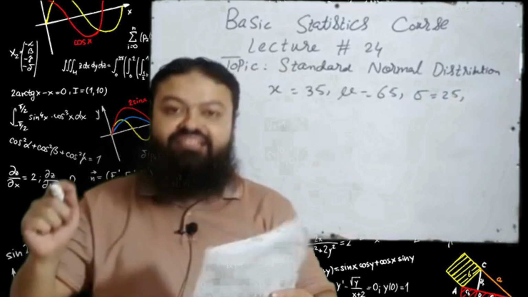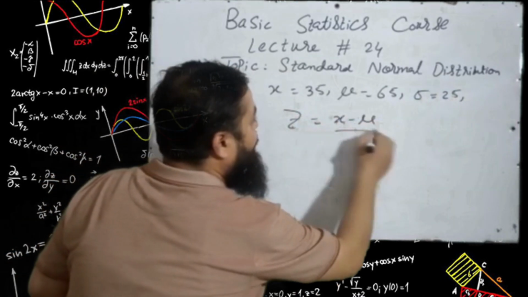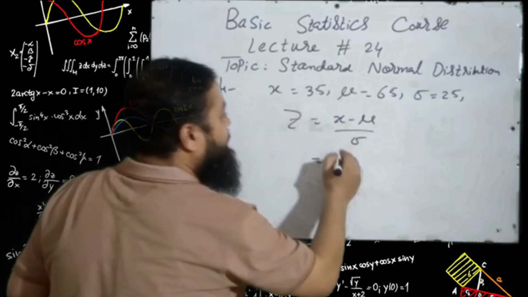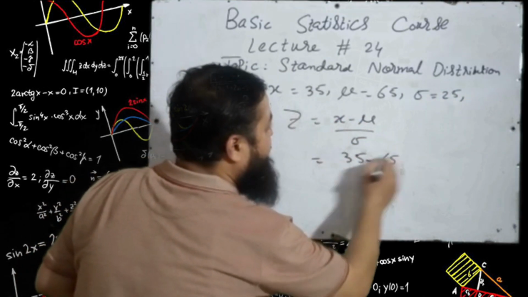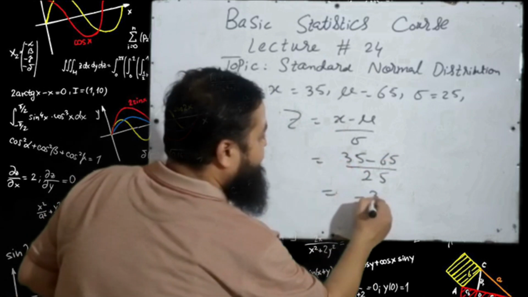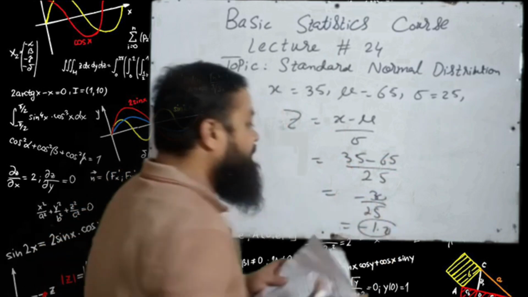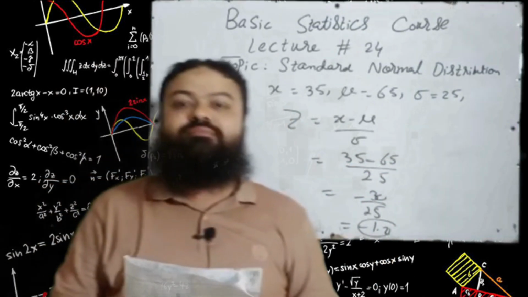Then the standardized random variable is, we know z is equal to x minus mu over sigma. Just substitute 35 minus 65 over 25, and that will be minus 30 over 25, and minus 1.2 will be the correct option in the exam.